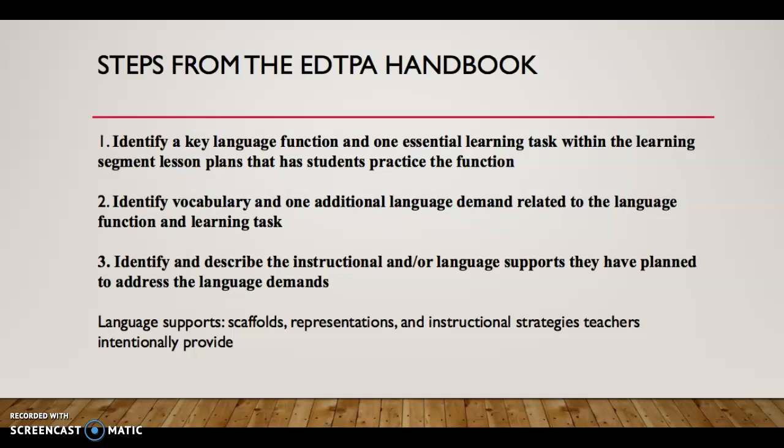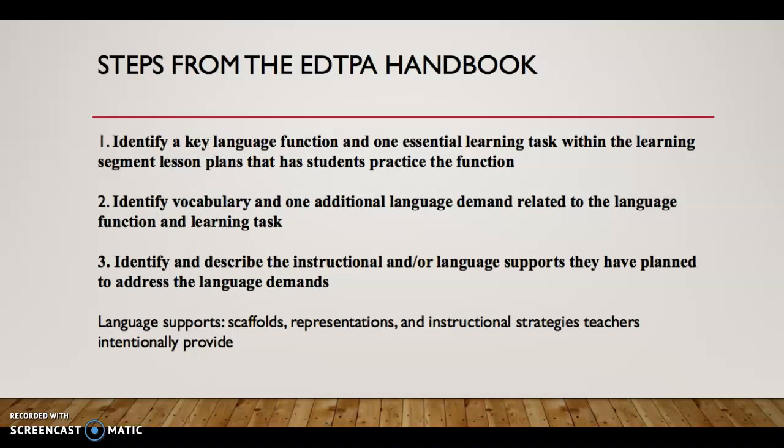And then identify vocab and one additional language demand related to the language function and learning task. And then identify and describe the instructional and or language supports that are planned to address the language demands.